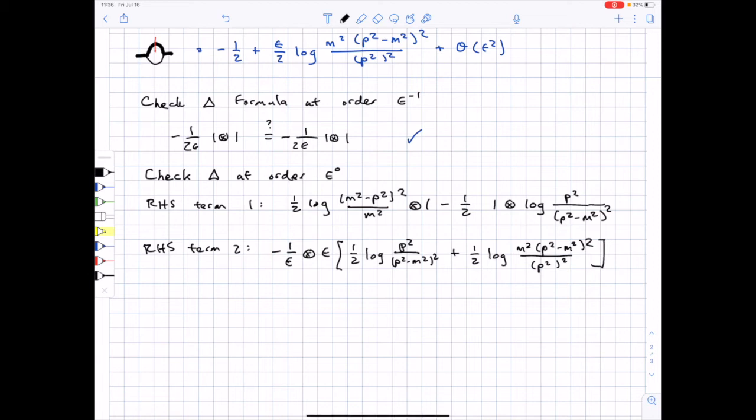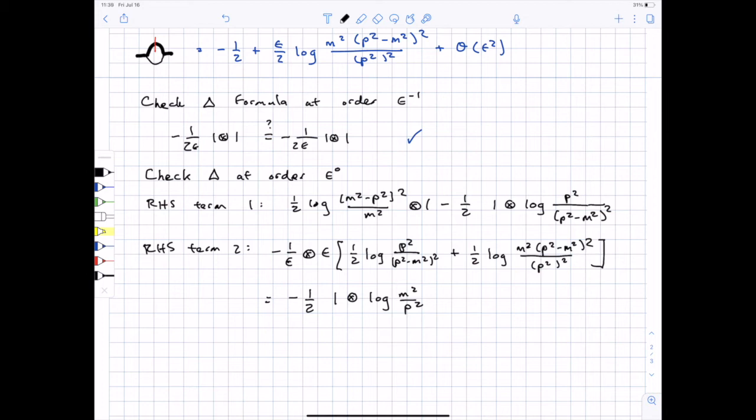And we can simplify this here. We see that there's some cancellation with these factors entirely and with these factors partially. So this all simplifies to, we can also cancel the epsilons, minus 1/2, 1 tensor log m squared over p squared.